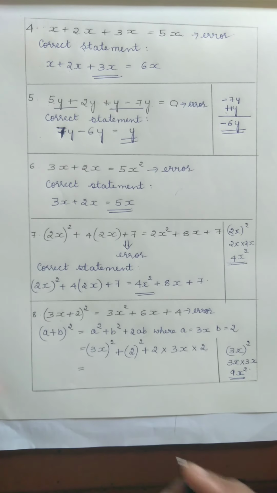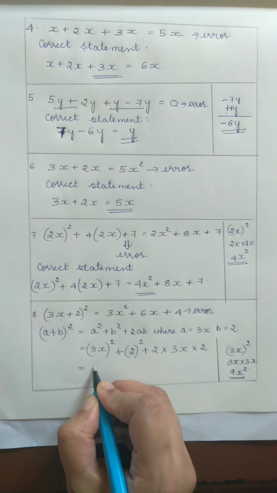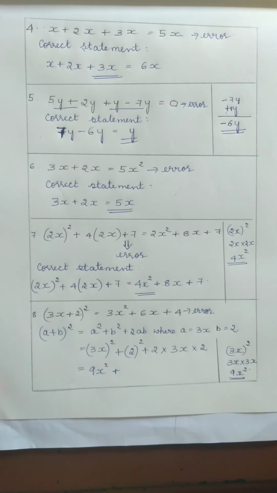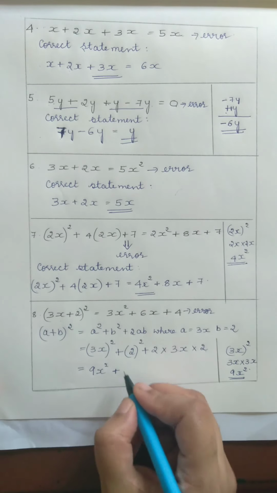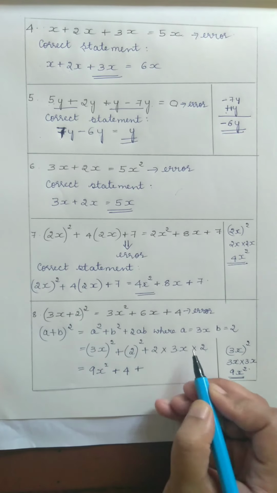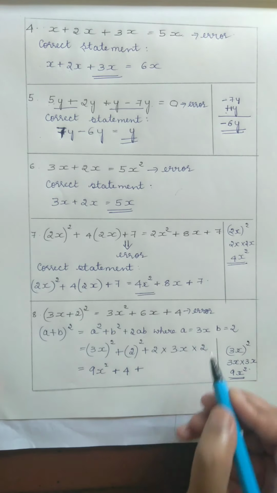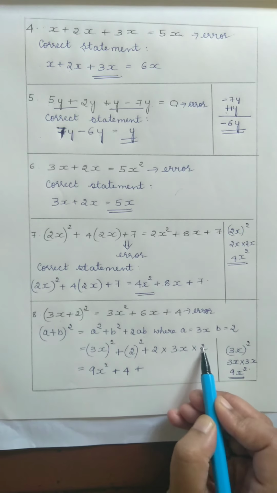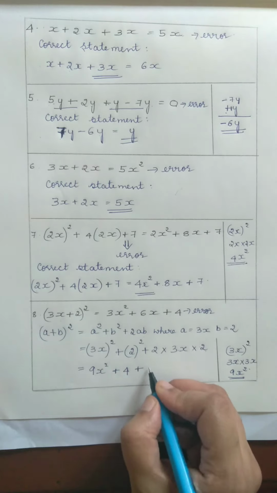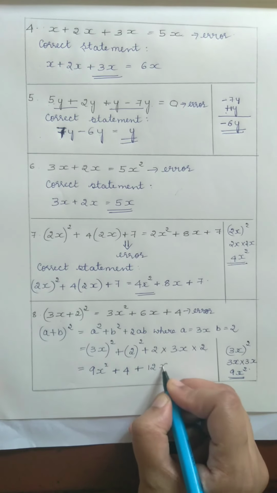Therefore, while substituting, 3x whole square is equal to 9x square plus 2 square. 2 into 2, you will get the answer 4, plus 2 into 3. So, let us multiply the coefficients first. 2 into 3 into 2. So, 2 3s are 6, 6 2s are 12. Then it contains x.